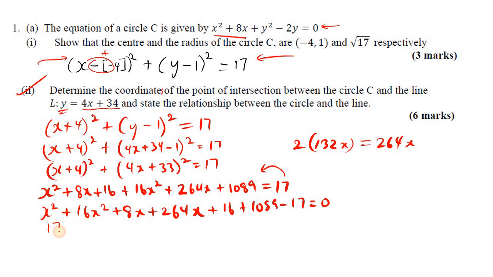So this gives us 17x squared, and 8 plus 264 gives us 272x. Then 16 plus 1089 minus 17 gives us 1088.